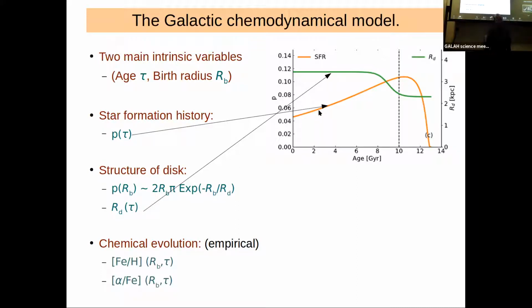For the disk, we assume an exponential disk, but the scale length is allowed to vary with time. That is, it's an inside-out formation. This has a subtle effect on the plots. It's not necessary to get the dichotomy, but it does help to have better agreement with the data. For the chemical evolution, we adopt an empirical approach where we prescribe how the metallicity should vary as a function of birth radius and age, and similarly for alpha, and then we fit that to observational data.